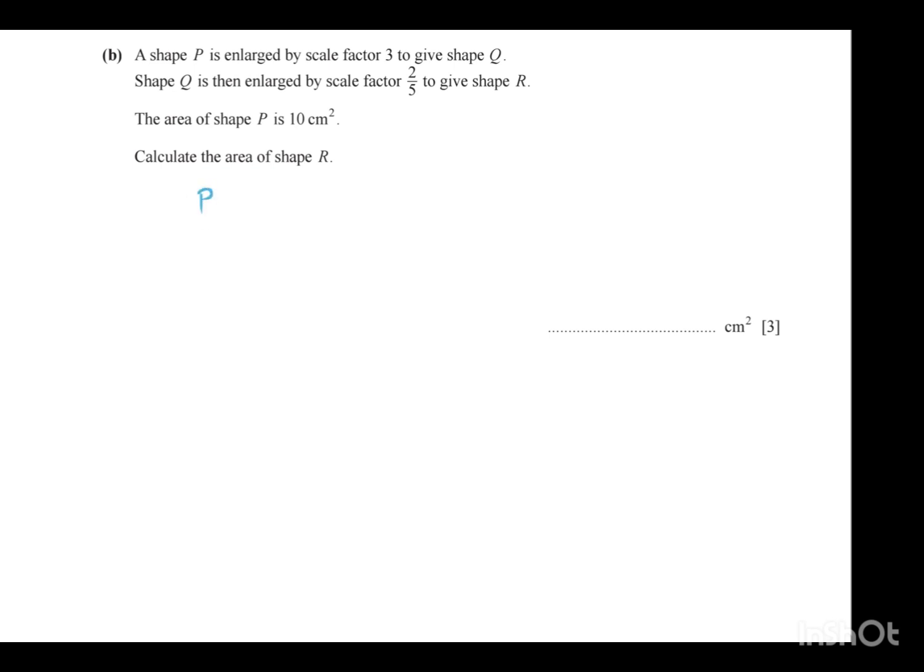First of all, P is enlarged with 3. So that means you have to multiply with 3 squared. And then you get Q. Again, this should be multiplied by 2/5, the scale factor, which is also squared because it is area.